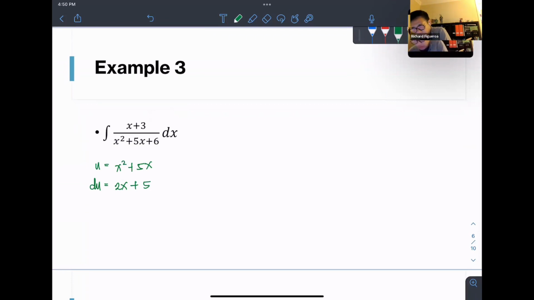Will there be a way that it will become an x plus 3? So there's that. May common ba sa 2x and 5?